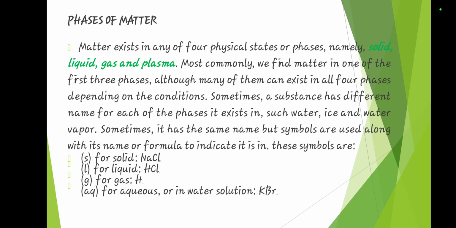Okay. And sometimes there are symbols that we use in a formula to indicate a certain compound or element. So for example, for solid we have NaCl or sodium chloride. For liquid we have hydrogen chloride. For gas we have hydrogen, and for aqueous or water solution we have potassium bromide or KBr.